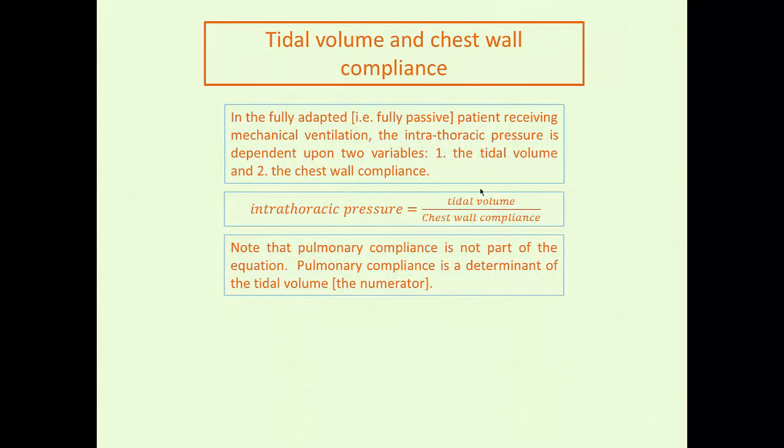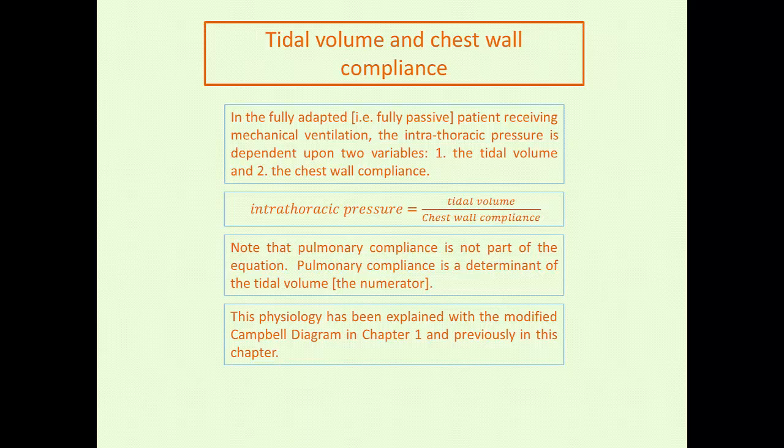If a patient has a very poor pulmonary compliance, that is stiff lungs that don't want to distend, and you give them high volumes, well, the high volumes will result in high airway pressures and high transpulmonary pressures, but the volume of the lung will be small because of the poor pulmonary compliance, and therefore the change in the intrathoracic pressure will be minimal or less. And I'm going to illustrate this with a cartoon in the next slide.